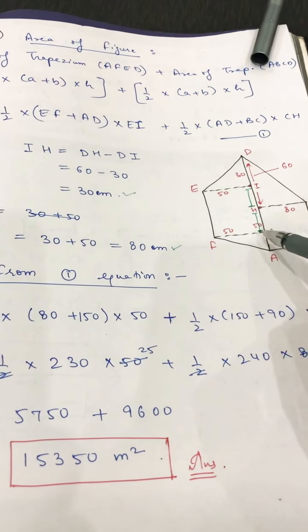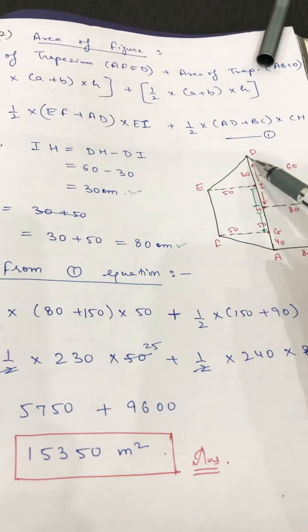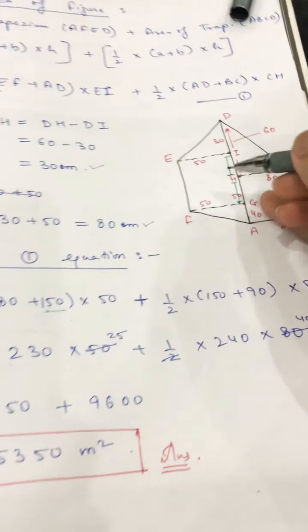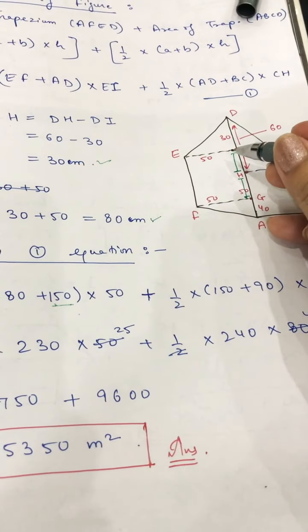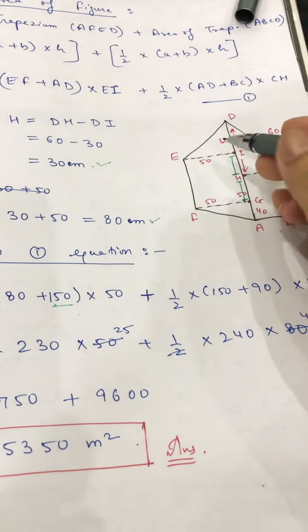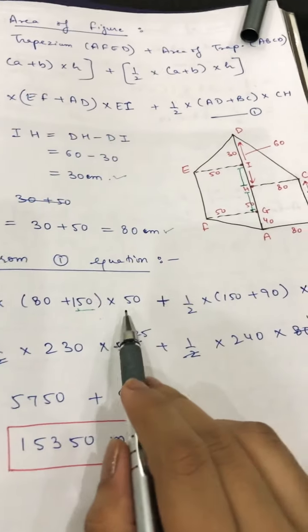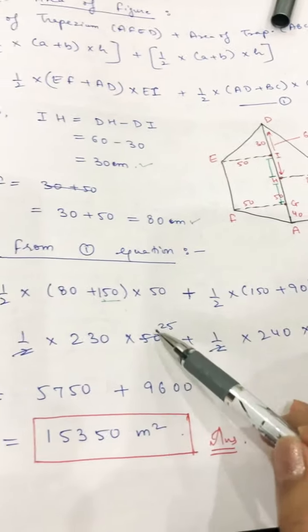This is 80, this is 40, that makes 120, and 120 plus 30 is 150. So B is equal to 150. Multiply by H, which is this height, that is 50.